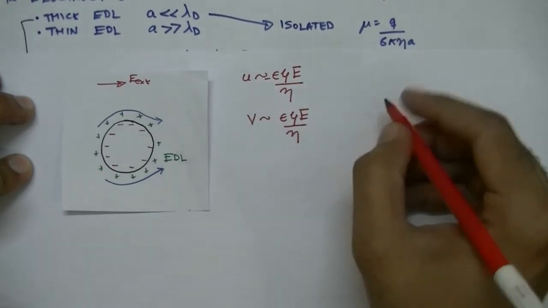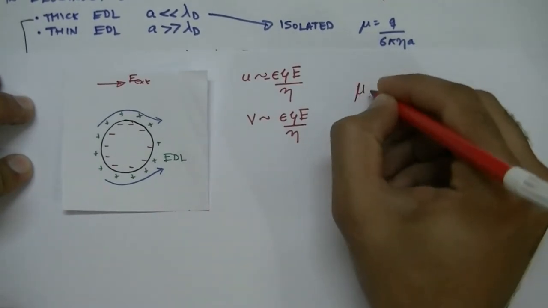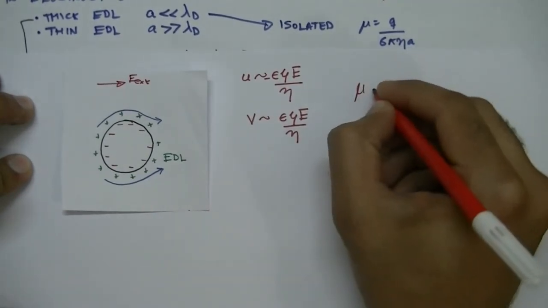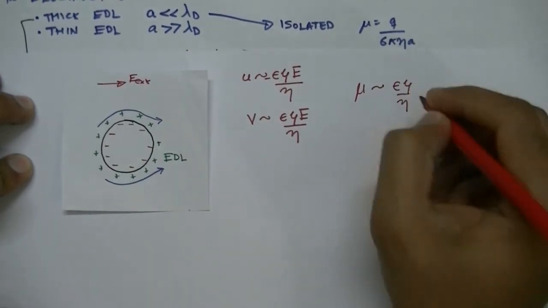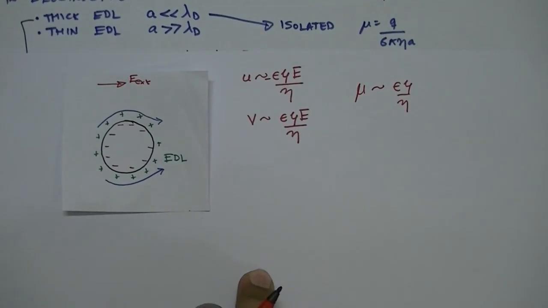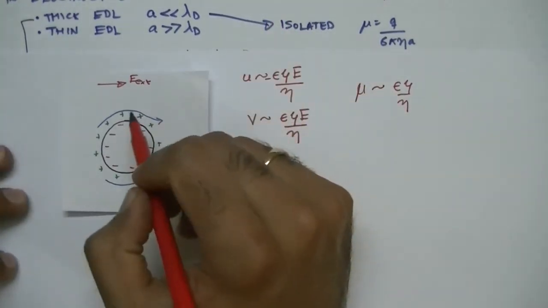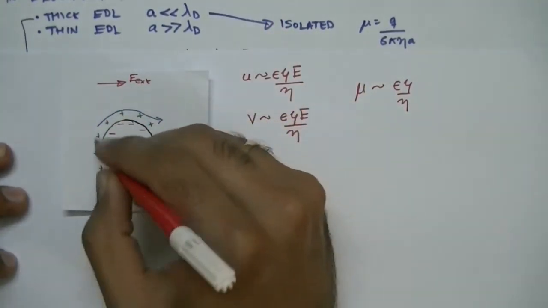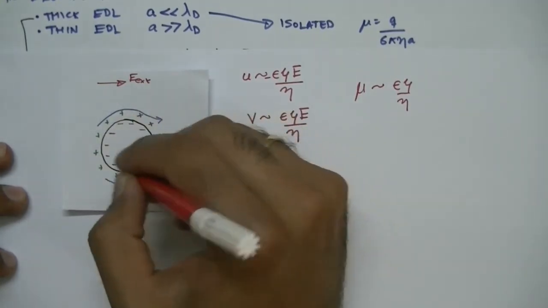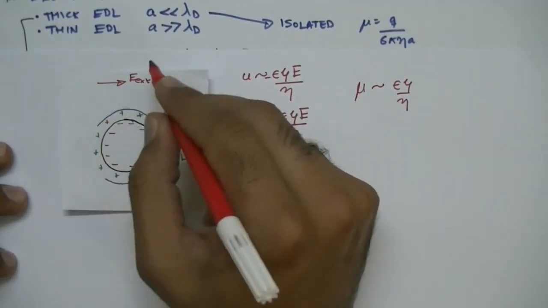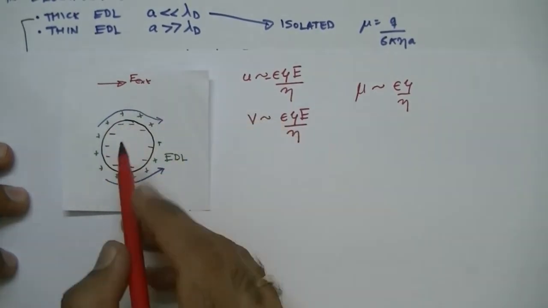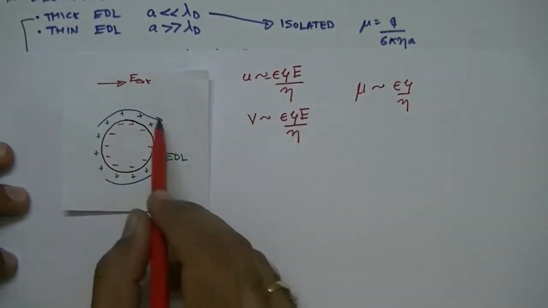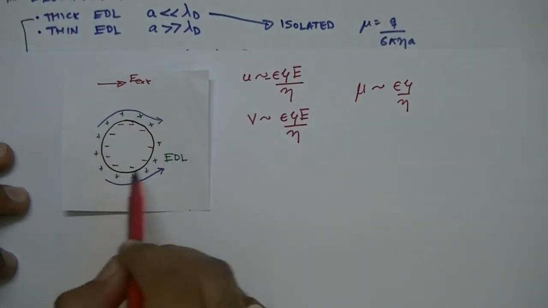So therefore the mobility of the particle scales as epsilon zeta over eta. Note that we can't use the same model that we had for particles in thick EDL or insulating liquid, where there was a net charge on the particle, because here this whole charge is screened by the EDL.